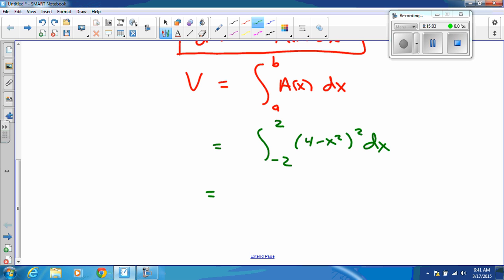Now, how to evaluate this integral? Well, the usual stuff. I'm going to appeal to symmetry because my function is even. I'm going to go from 0 to 2 and double it. My first thought is u substitution, but if u is 4 minus x squared, du is negative 2x dx, and the x is missing and cannot be repaired. So I'm going to go with algebra instead. 16 minus 8x squared plus x to the 4th.